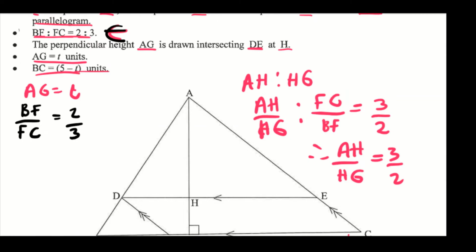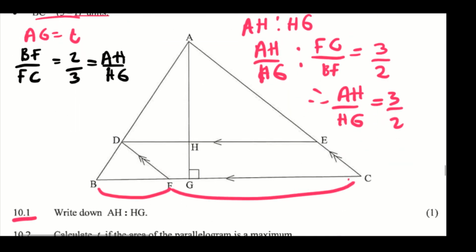So it's also equal to AH over HG. Another thing that we need to note is that AH is this large side over HG. It's equal to this BF over FC.